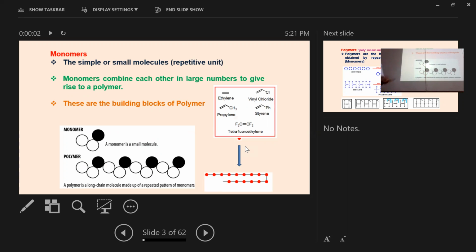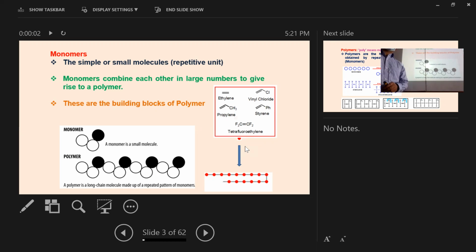So in most cases, a polymer has a few thousand to 1 million units of the molecule. 1 million means 10 to the power 6.